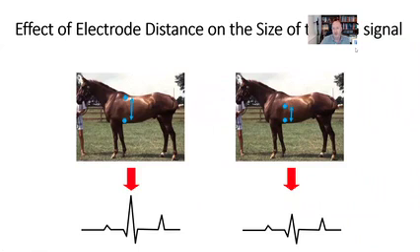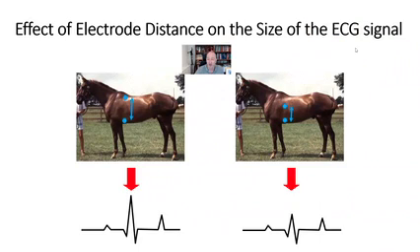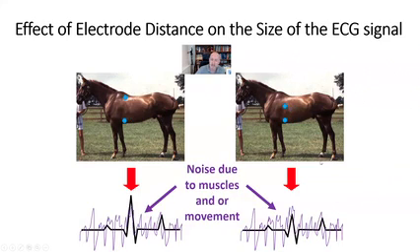One of the important things when you're putting a heart rate monitor on is where you place the electrodes. You want them somewhere where they're not going to move a lot, because if you do get movement between the electrode and the skin, that's going to give you a false signal. But if you put them too close together, you're going to get a smaller signal going into your heart rate monitor. The reason that's important is because during exercise, we get a lot of electrical noise, and that noise comes from the muscles.